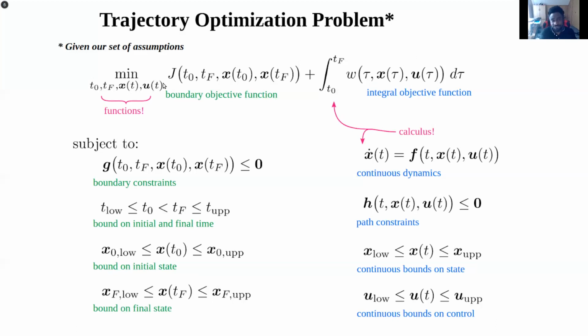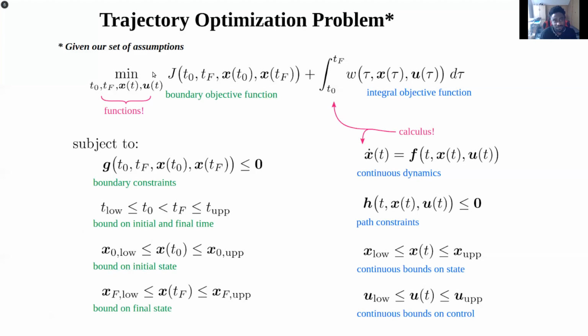Or if you want to ensure that your trajectory is the shortest possible trajectory, you could also specify the distance the trajectory takes as an objective function. So this is up to you to decide, as well as the constraints.